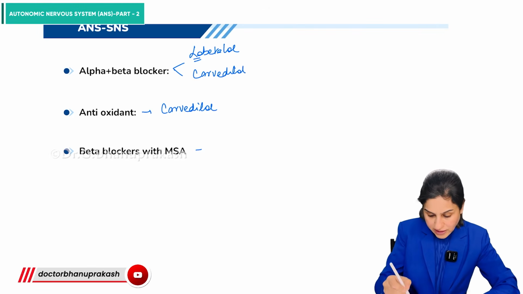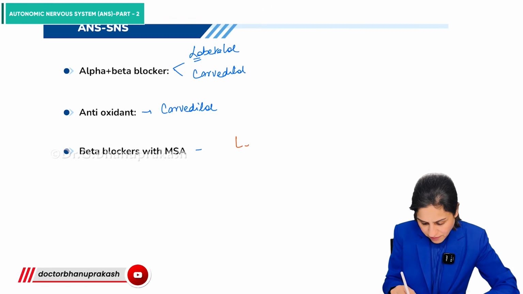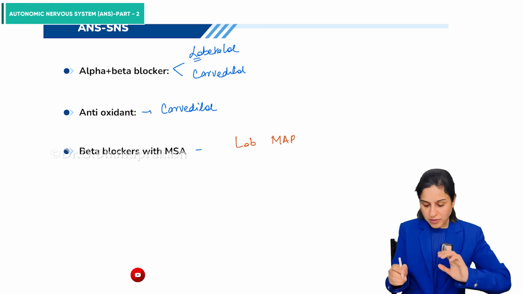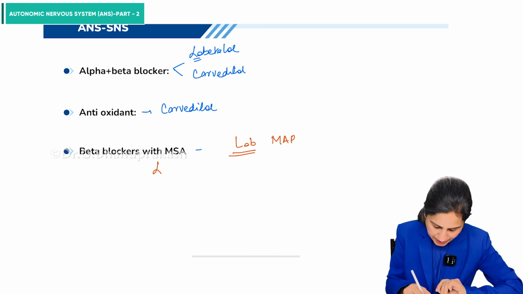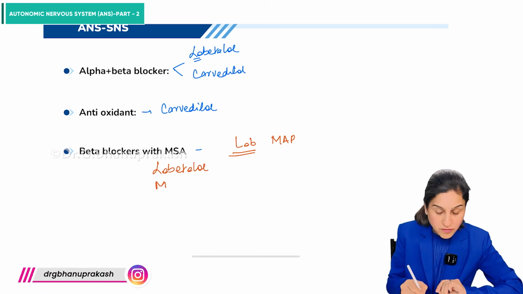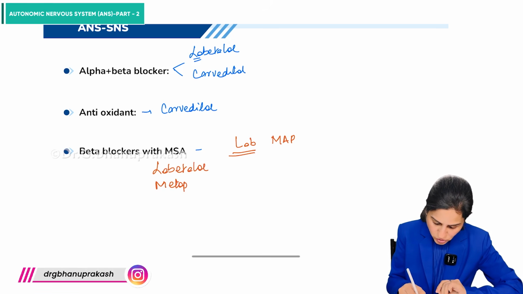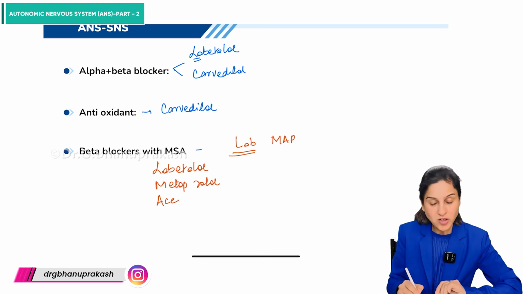Then beta blockers with membrane stabilizing action. So can we have another mnemonic here? Yes, we can have LabMap. So what is Lab here? That is labetalol. Then we have metoprolol. Then we have, as I said, ACEbutolol is very common.